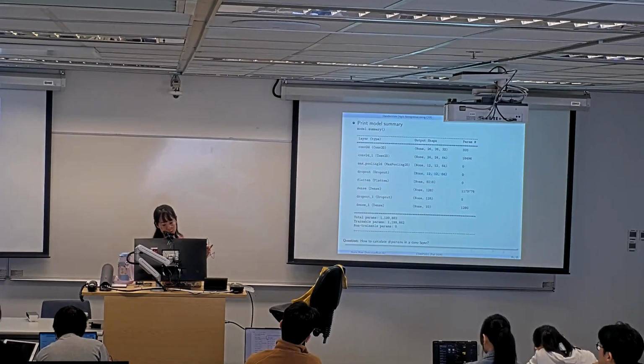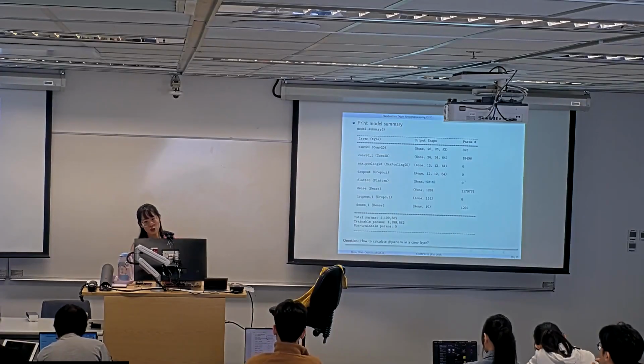Number of parameters is 0. Basically with dropout, we don't involve any new parameters. The flatten layer simply flattens the previous array 12, 12, 64 into a 1D array. That is 9216, and the number of parameters is 0. The flatten does not give any new parameters.